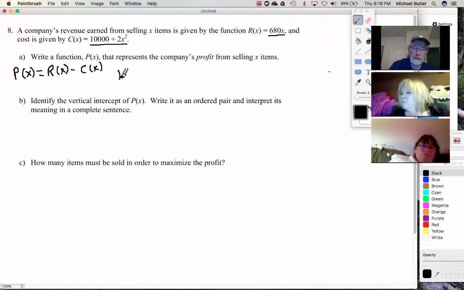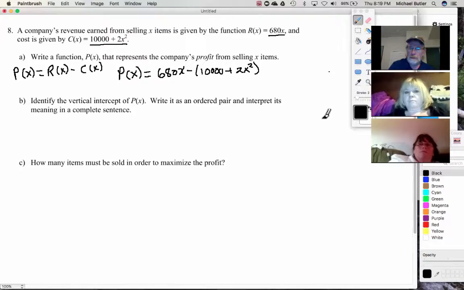So let's do that, and we're going to get that P of X is equal to 680x minus our C of X, which is 10,000 plus 2x squared. Notice the use of parentheses, muy importante.